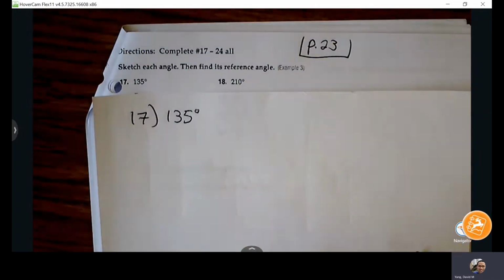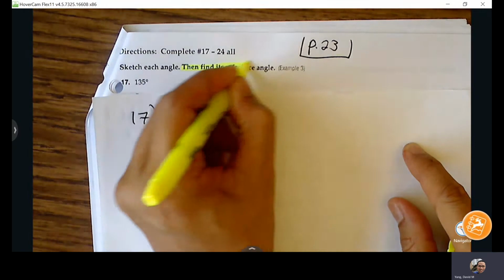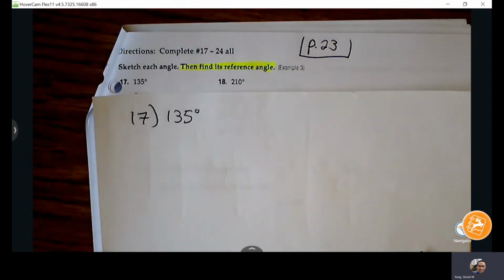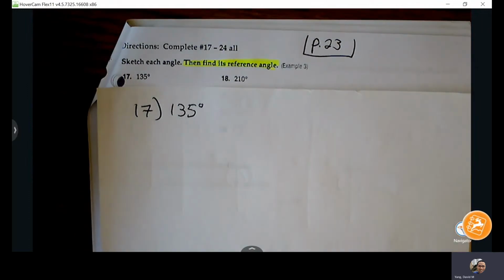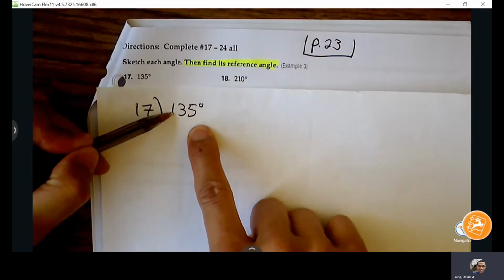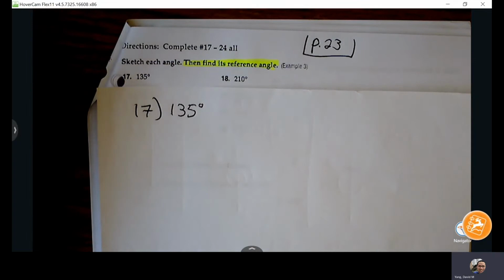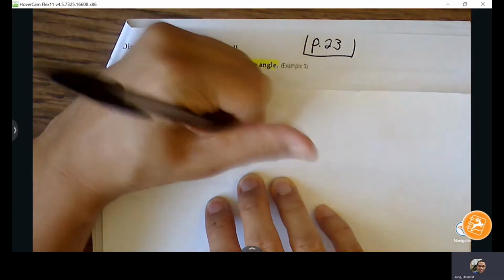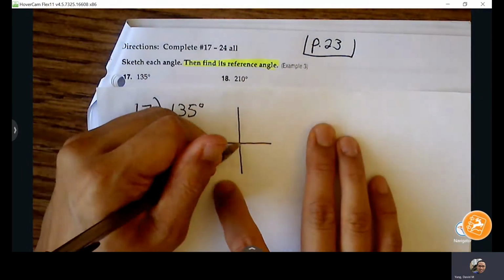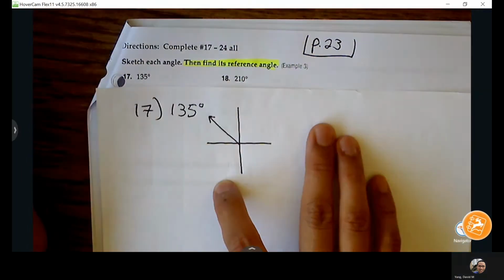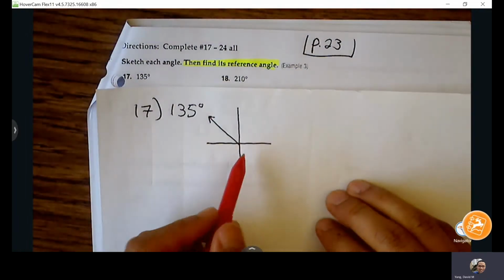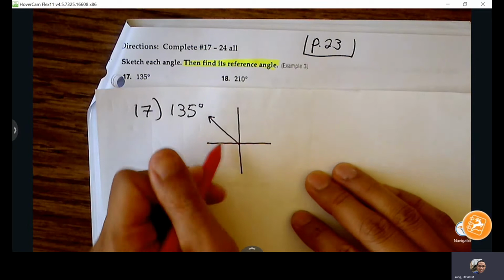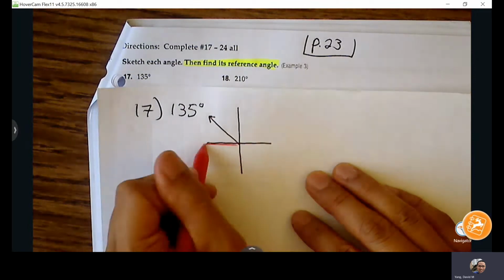We want to find the reference angle, but let's go ahead and draw the angle and identify the quadrant so we can visualize it and make a decision on what to involve to find our reference angle. So 135 degrees, which quadrant is this in? Second. Okay. So if my angle is in the second quadrant, to find a reference angle I have to involve the closest x-axis.